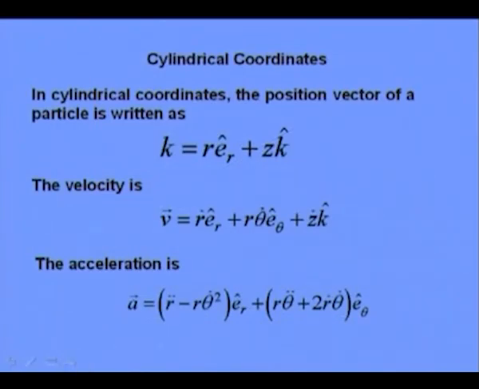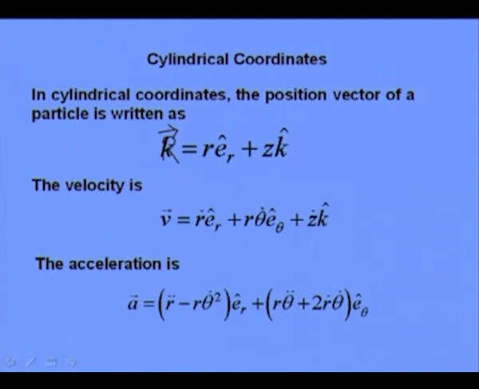In cylindrical coordinates, the position vector of a particle is written as r equal to r times er plus z k.